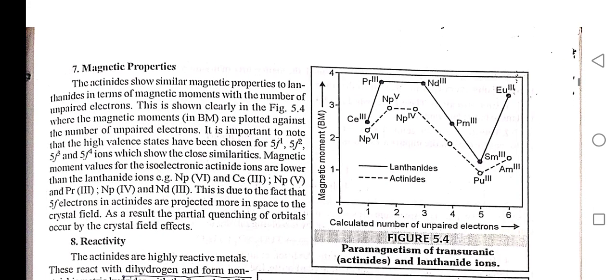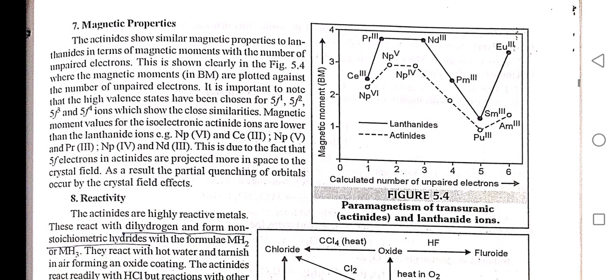Seventh, magnetic properties. The actinides show similar magnetic properties to lanthanides in terms of magnetic moment with the number of unpaired electrons. This is shown clearly in figures where the magnetic moments are plotted against the number of unpaired electrons.